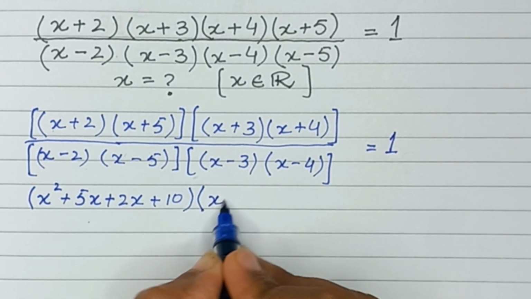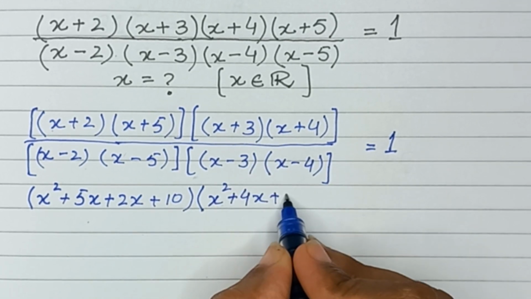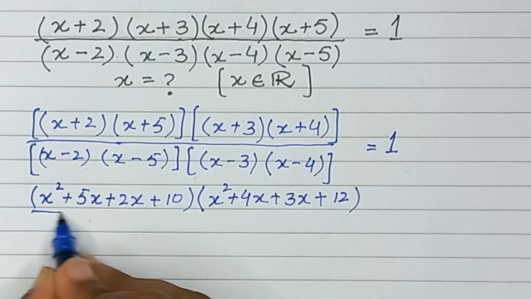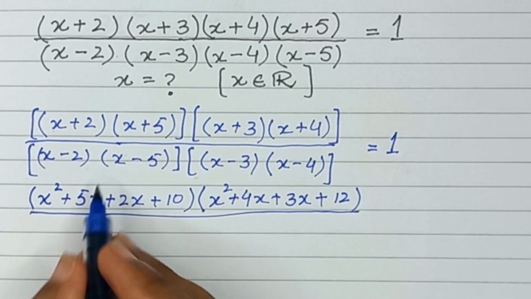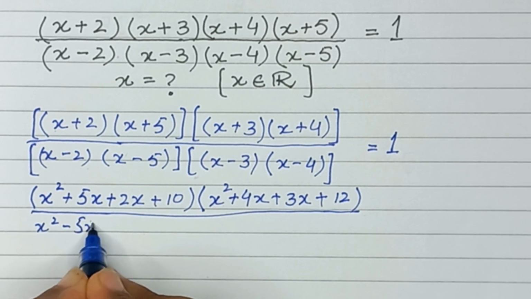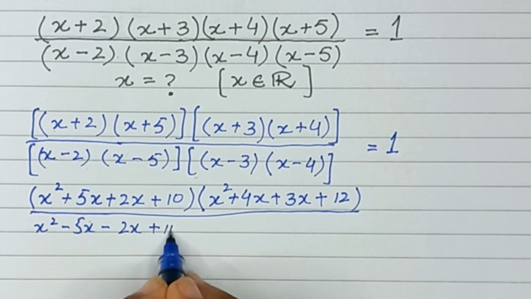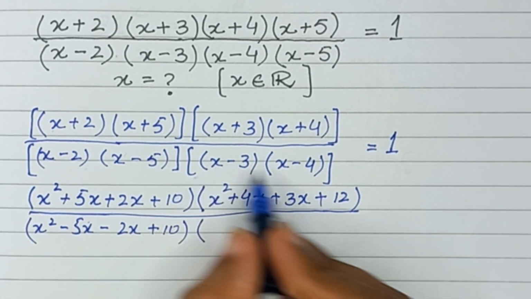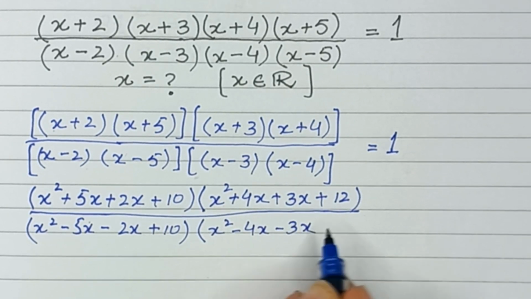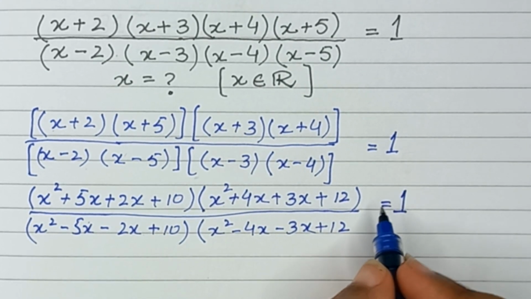It will be x square plus 4x plus 3x plus 3 times 4 is 12, divided by x square minus 5x minus 2x plus 10, and x square minus 4x minus 3x plus 12, and it will be equal to 1.